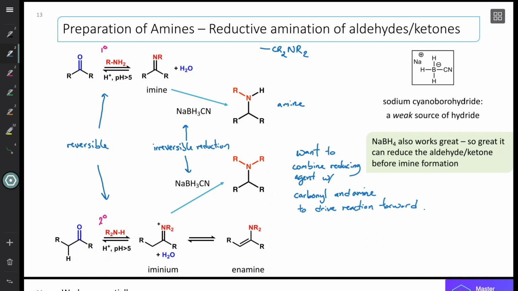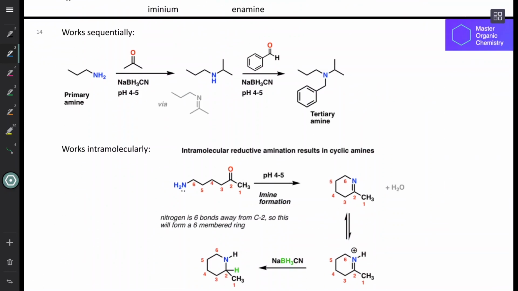So that's why we use a different reducing agent for this kind of reaction. What's also nice, this can work sequentially, right? You can start with a primary amine, add one ketone or aldehyde, and so you're adding this moiety here, right?